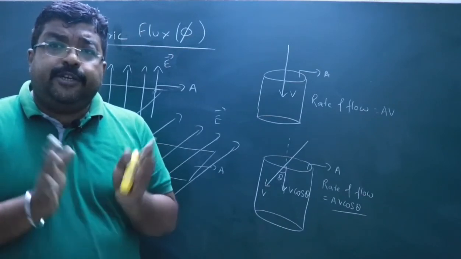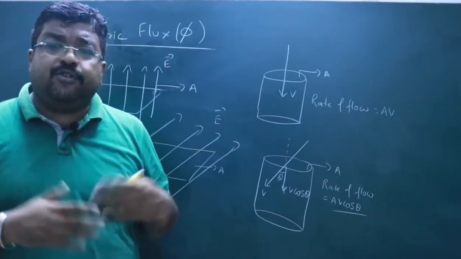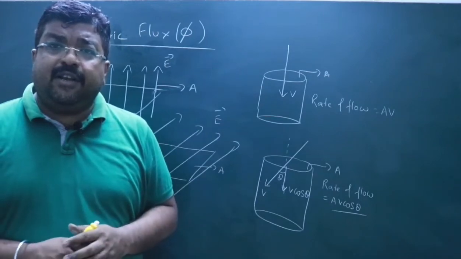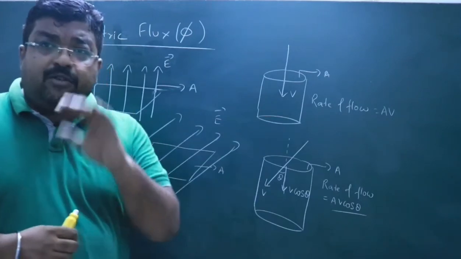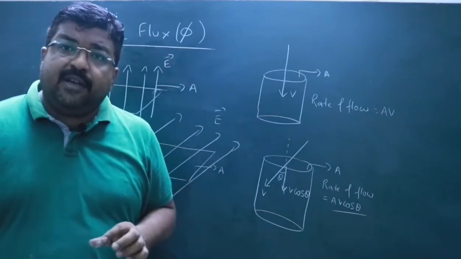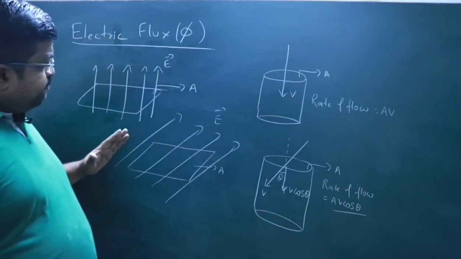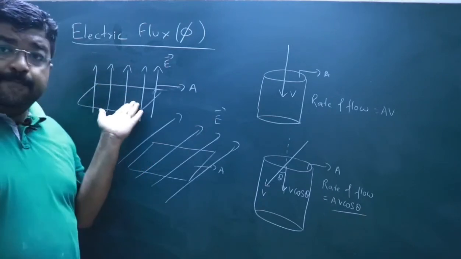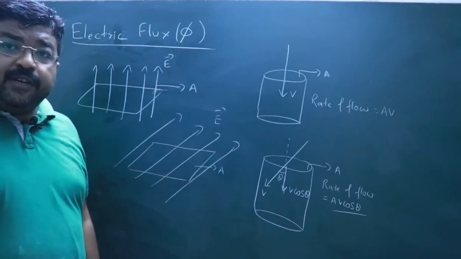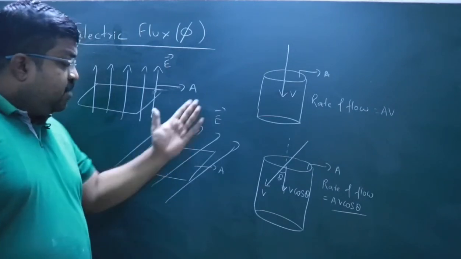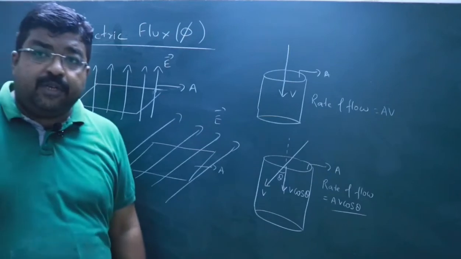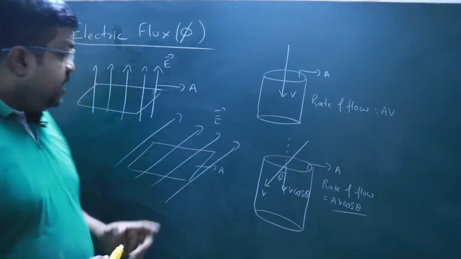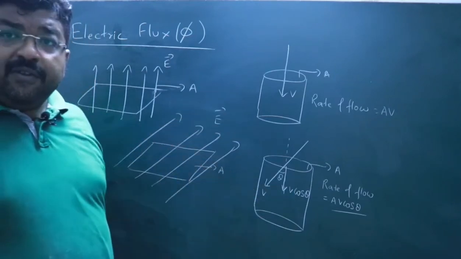In a region where electric field lines are close, you have a strong electric field. In a region where electric field lines have wide separation, you have a weak electric field. Those things we know. Based on that we are going to understand this term electric flux. Here, on changing the direction of electric field, fewer number of lines are passing through the same area. That is because of changing the direction of electric field.